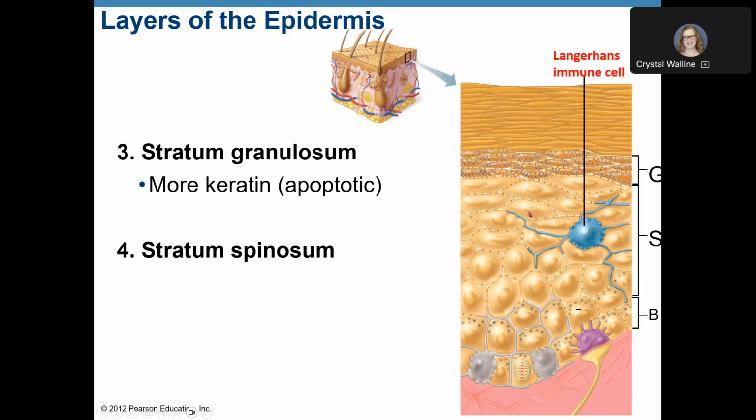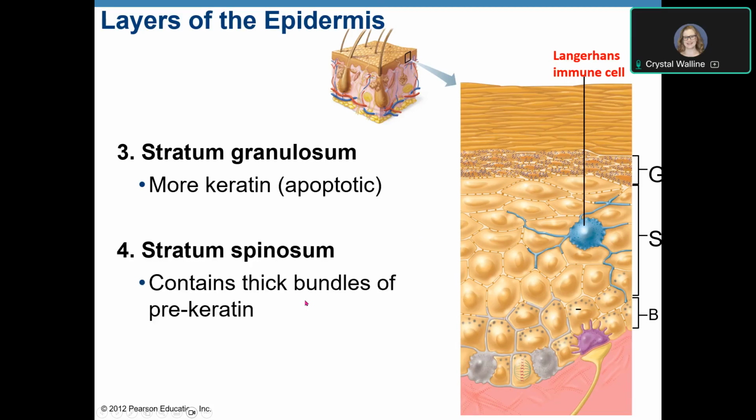the cells are spindle shaped, meaning they're kind of elongated and they can come to little points on either end. The stratum spinosum is where the cells are making thick bundles of pre-keratin.